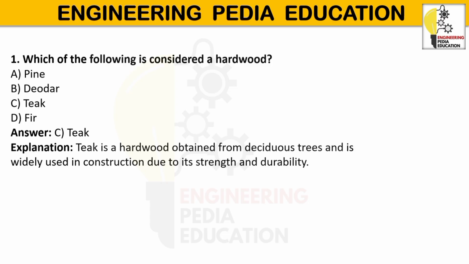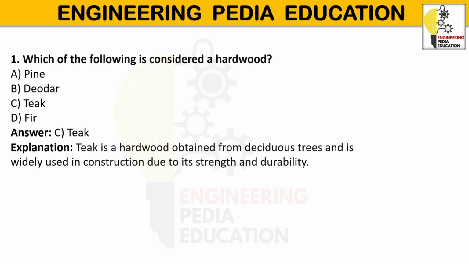So at last we can conclude that teak wood is considered one of the finest construction and furniture woods because of its strength, durability, and natural resistance to moisture and pests. Although it is costly, its long lifespan often makes it a cost-effective choice over time.